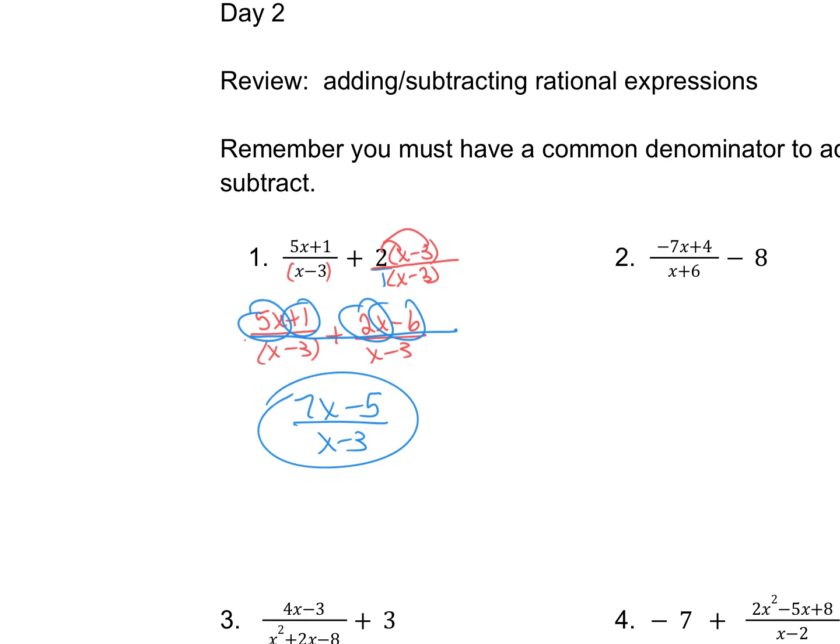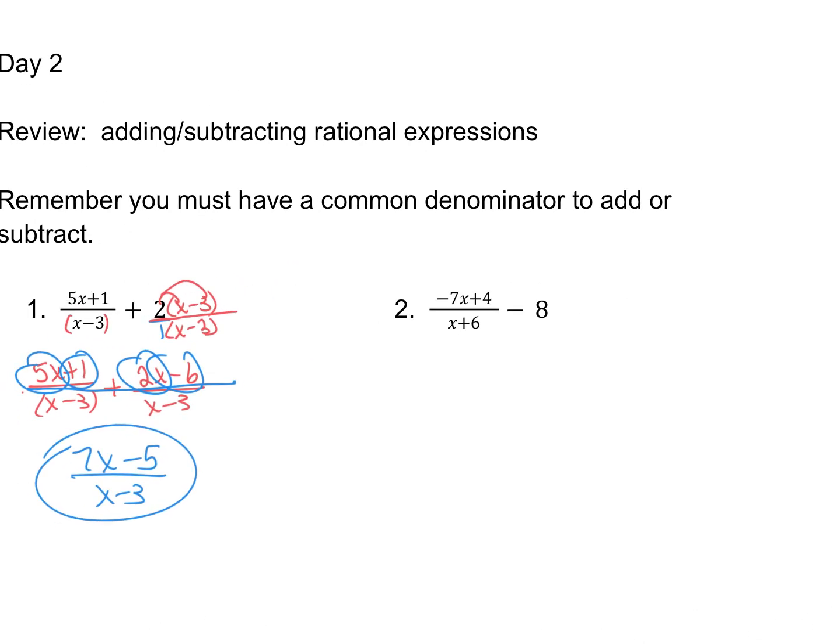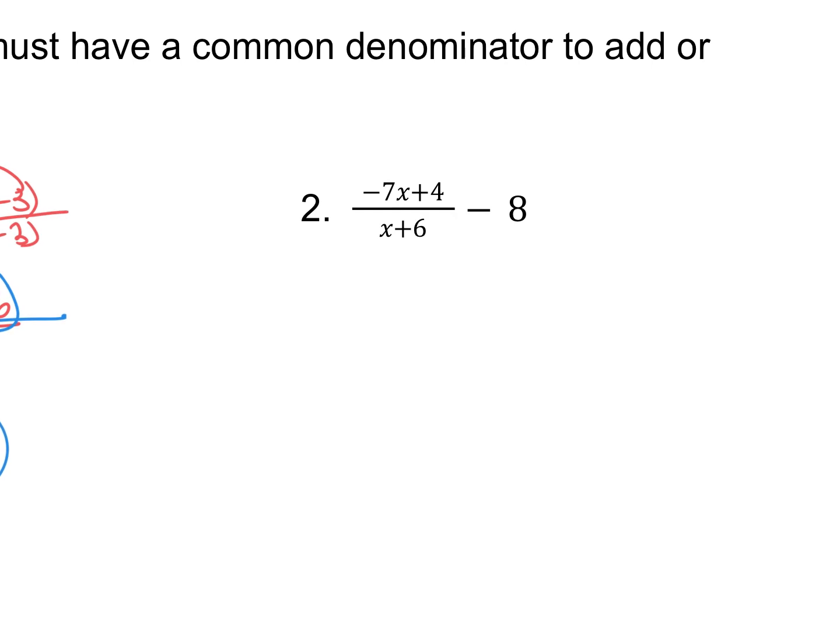Okay, let's just do a quick look at one more here. I don't think I need to do all 4 of them, but just a reminder that if you have a subtraction sign in between, I always like to just add the opposite. I've got an x minus 6, so I need x plus 6 on the top and the bottom.